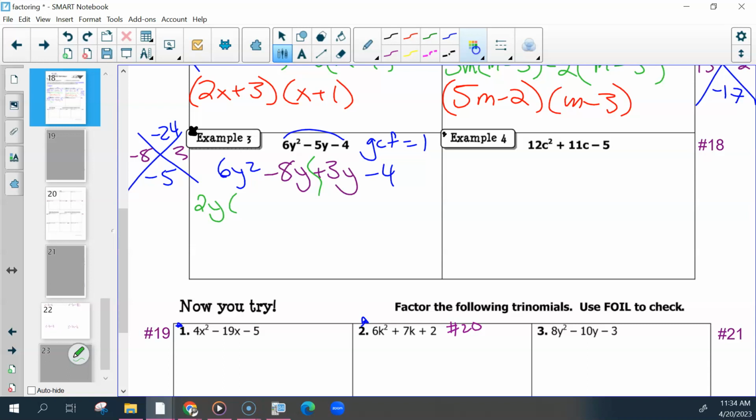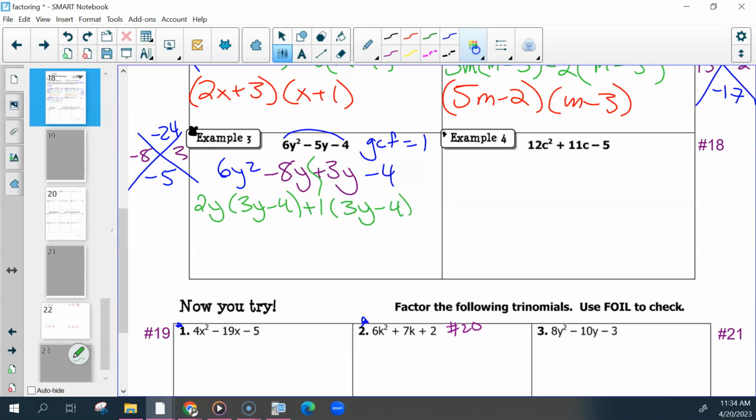Can we make sure you're writing this down? y minus 4. What do the last two have in common? One is the only thing they have in common. So nothing else, you can always divide out a 1.